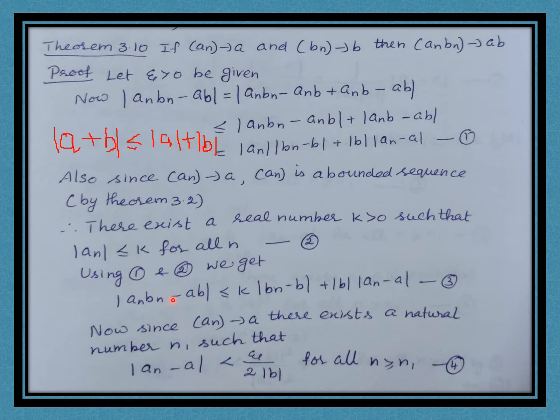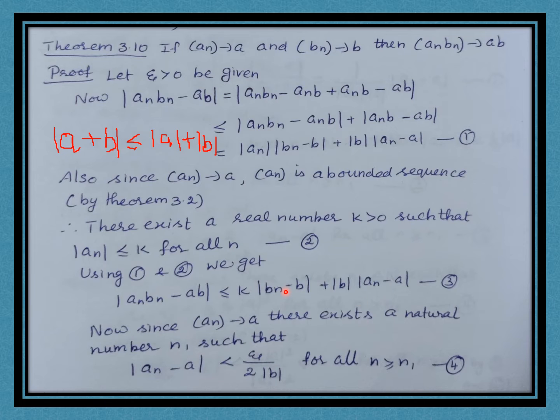We need this to be less than epsilon. We know that absolute value of bn minus b is less than epsilon and an minus a is less than epsilon. So I can put this as epsilon by 2 and epsilon by 2. In the numerator here we have absolute value of b. Therefore I can put this as epsilon divided by 2 into absolute value of b.